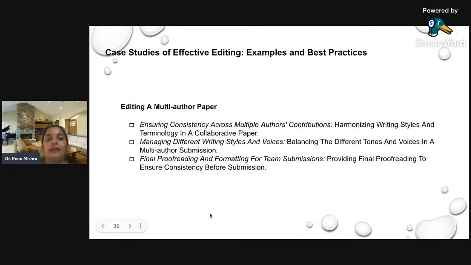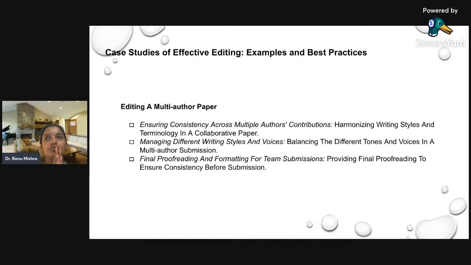Okay. Now, when you are editing a multi-author paper, that's very important. When you're working with multiple authors, everybody has a different writing style. Everybody is writing with a different mindset, different research acumen. The way of writing of different people is different. So, what to do in that case?